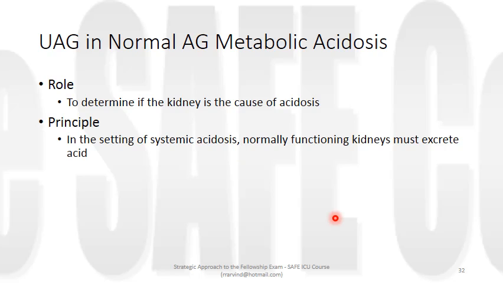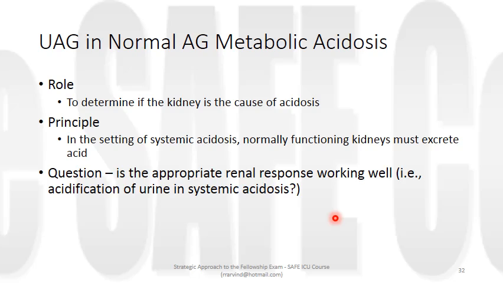And if it gets rid of acid, it means that it's going to generate more ammonium chloride. So the simple question we are asking is, in the setting of systemic acidosis, is the appropriate renal response of acidifying the urine working well? That's the question you want to ask.